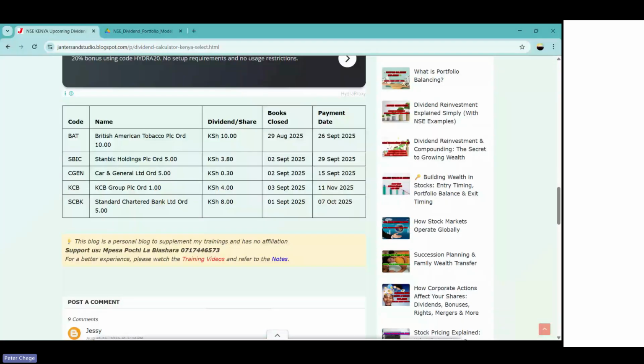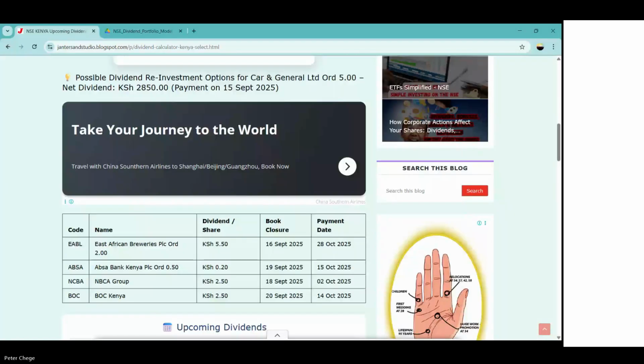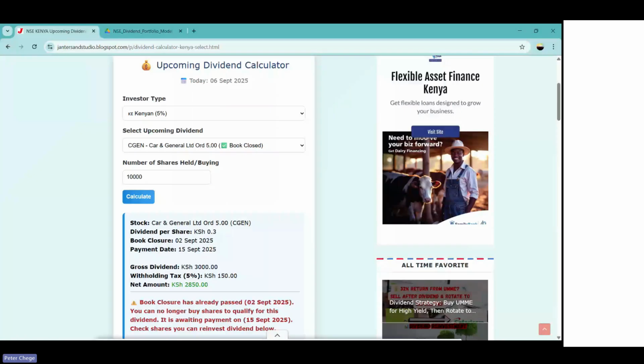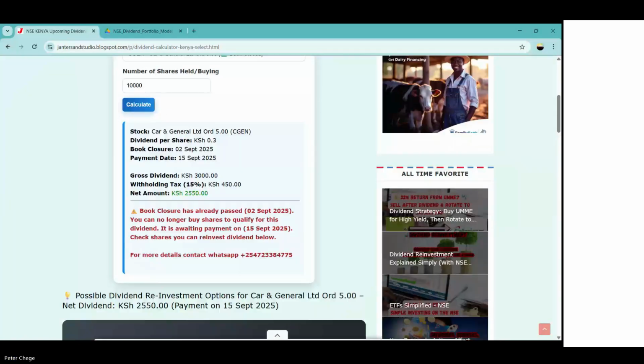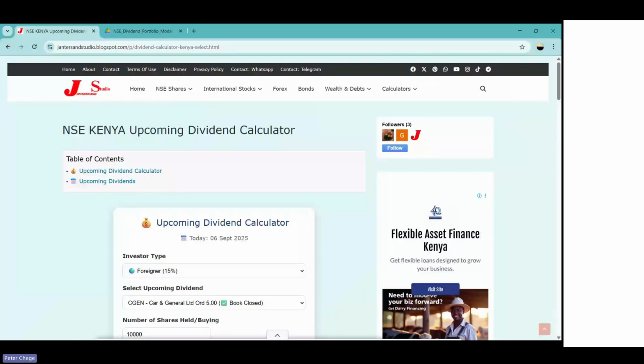You only need to check if you had the shares on the book closure date. If you go to foreign investor, again, it readjusts the tax. So that is on dividend.